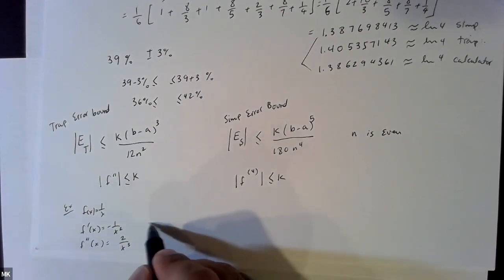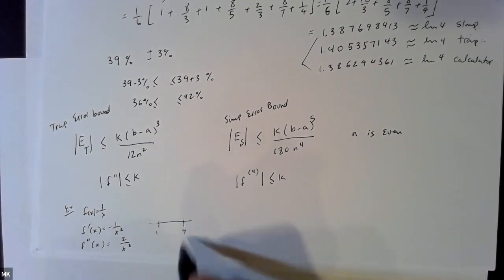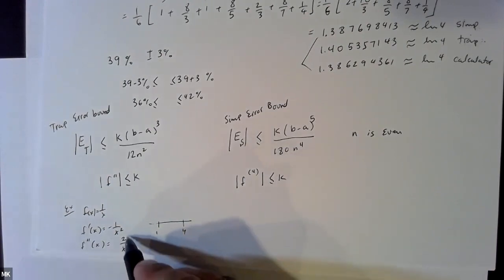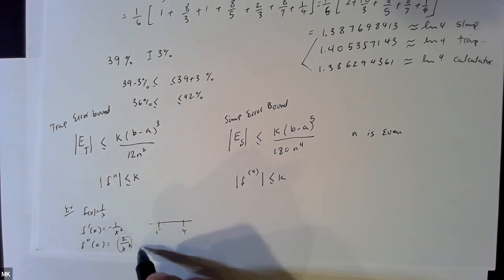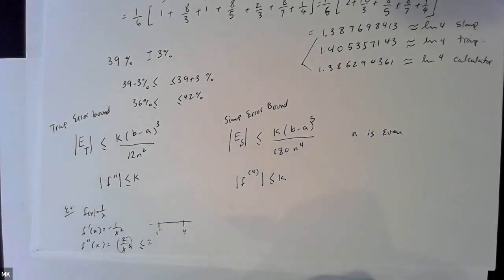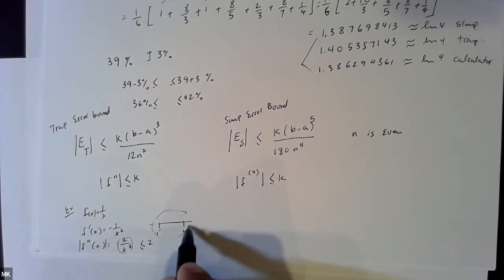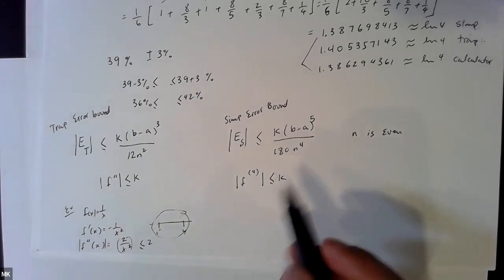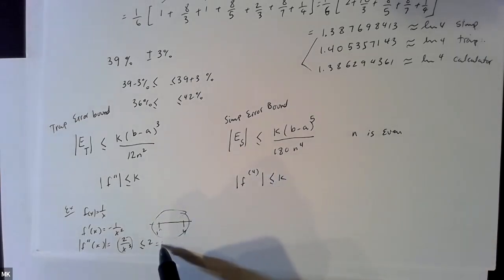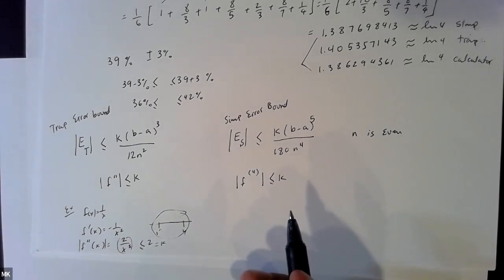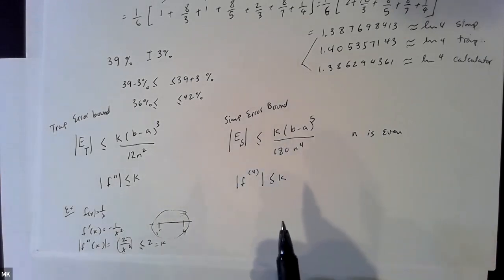Between 1 and 4, the maximum value of this is at 1, so it's always less than or equal to 2, if I take the absolute value. Again, I'm only looking at the interval between 1 and 4. So my k would be 2. Any value bigger than 2 would work too, but 2 is the smallest value that I want to use.